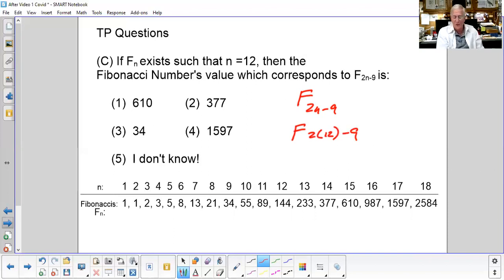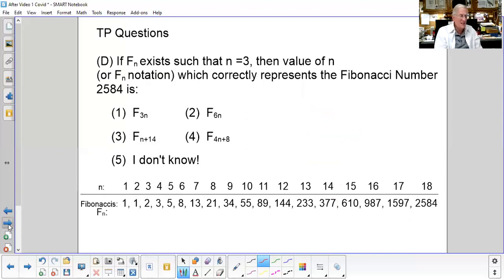And if I subtract 24 minus 9, I get what? F sub 15, right? So I go down here, I look, and f sub 15 is the number 610. But I had to evaluate the subscript in order to find the correct number that represents that location in the Fibonacci sequence.